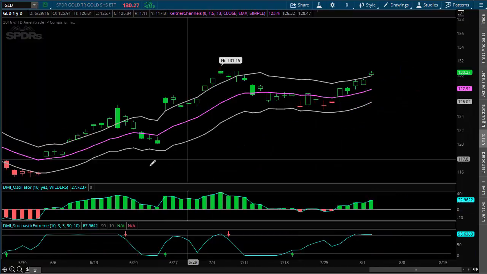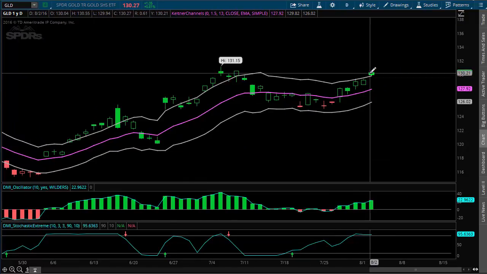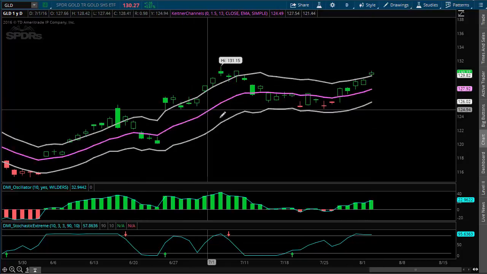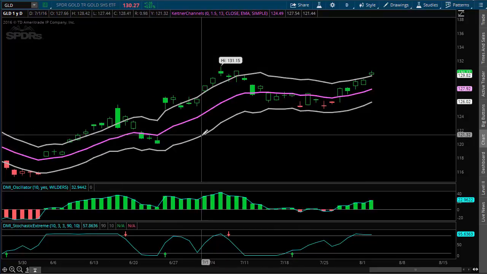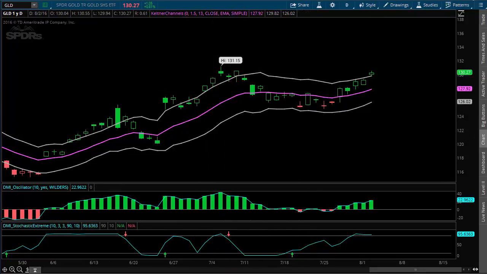You can notice the similarities where we had the rally, the pullback, and now gold starting to go higher. So we're focused on finding undervalued gold stocks, and that's where the fundamental analysis comes in, because gold's starting to push these highs and could easily break out. I've been saying for a couple of weeks now that gold tends to follow the yen.